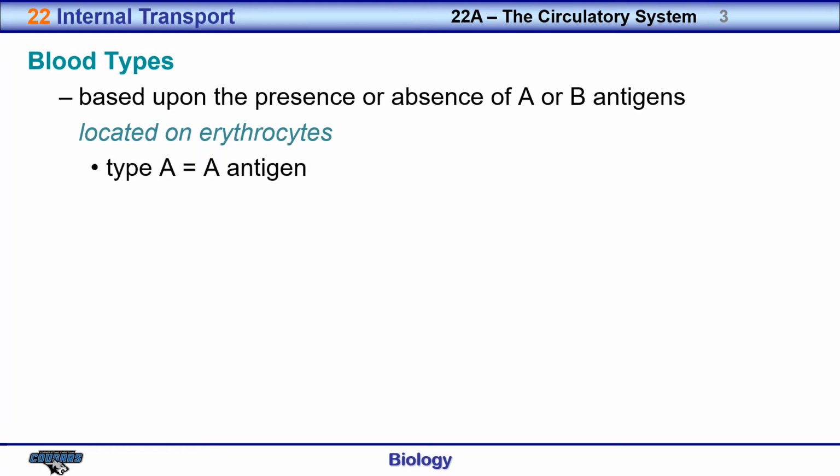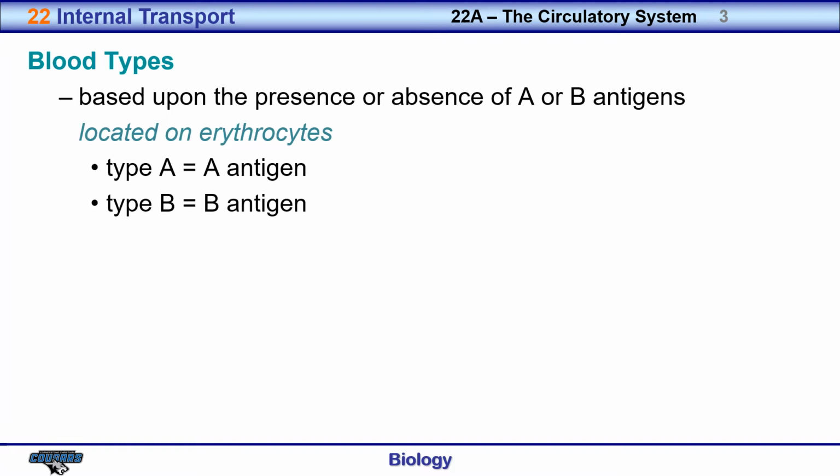So here's the way he set up his ABO blood grouping. If you were type A, then you possessed an A antigen. You didn't possess a B, you possessed an A antigen. If you were blood type B, you possessed a B antigen, but not an A.